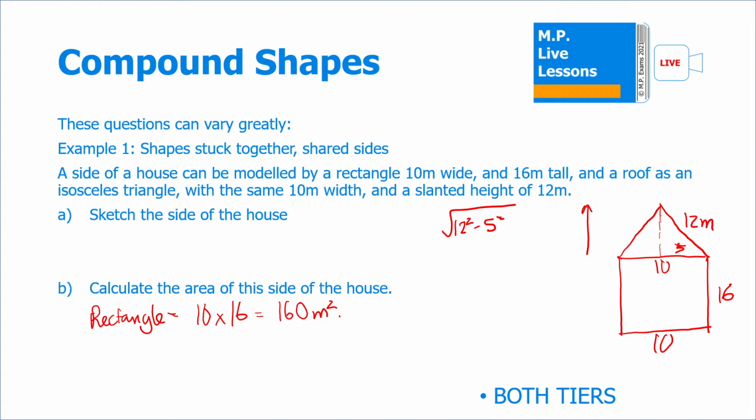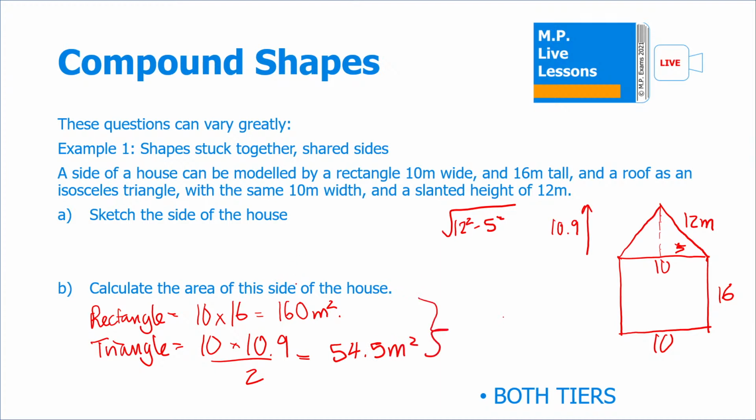And the vertical height is 10.9 meters. So the area of this triangle is the base times the height, which gets 54.5 square meters. And this, when you add them together, gets you 214.5 square meters.